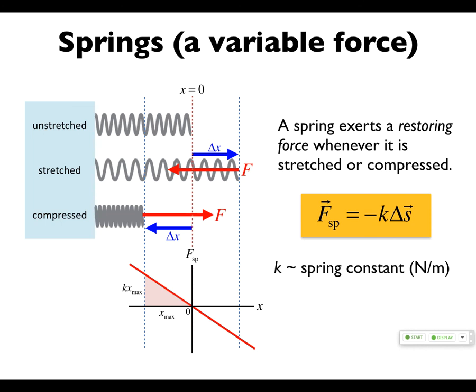What's the total area here? You multiply them and divide by 2. Yeah, it's the area of a triangle. So 1/2 base times height, so 1/2 kx squared. So when we think about the energy of the spring, if we do work on a spring, you get potential energy. When you do work on a spring, if you integrate under this curve, you're always going to get 1/2 kx squared. So 1/2 kx squared is the potential energy of a spring, and that's just from the area under the curve. Because remember, we do work in order to store potential energy.